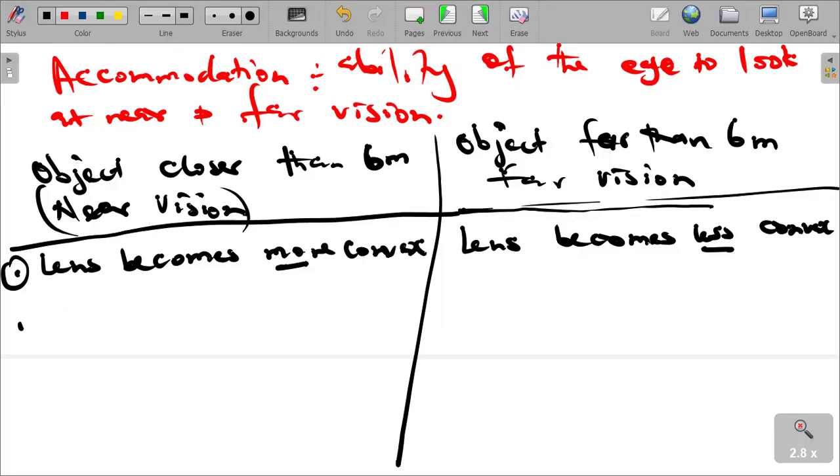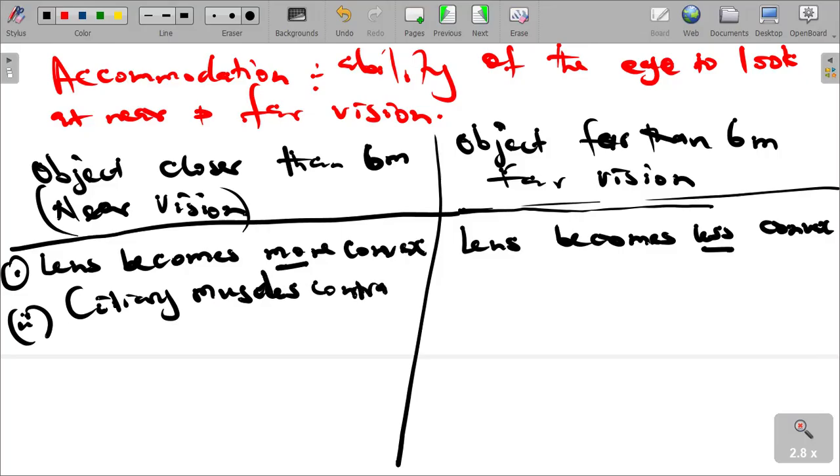And then two, we must say the ciliary muscles contract. The ciliary muscle contracts, and then on the other side, when it is far vision, the ciliary muscle relaxes.